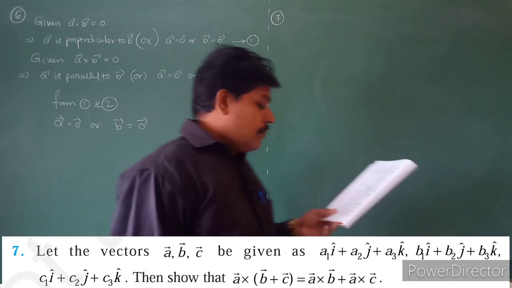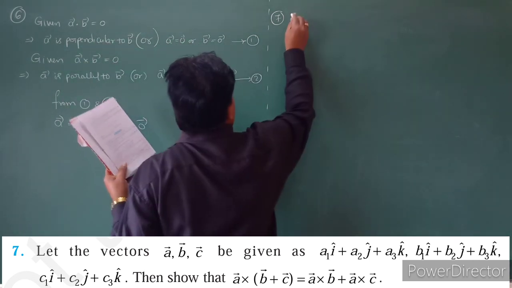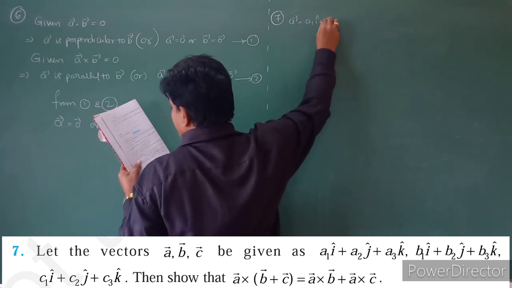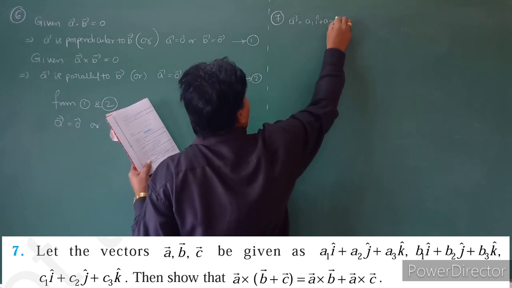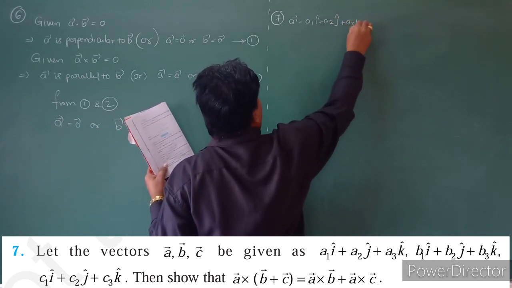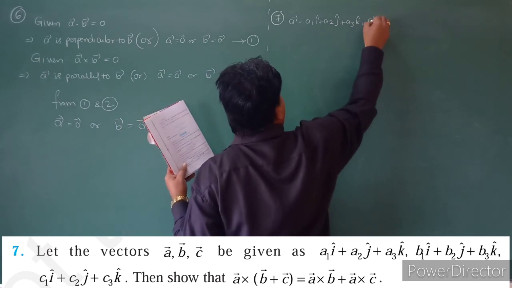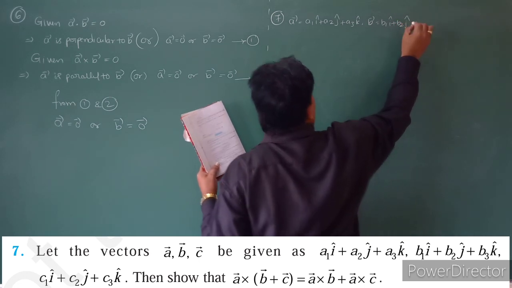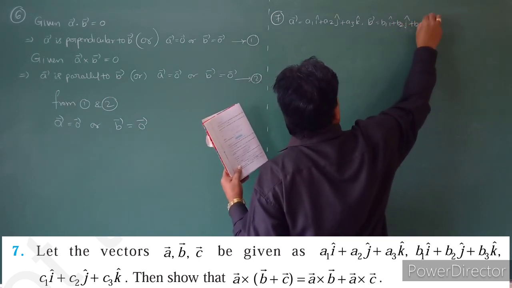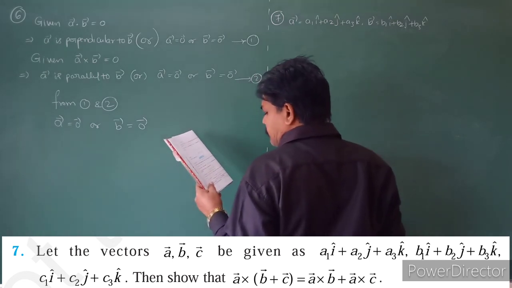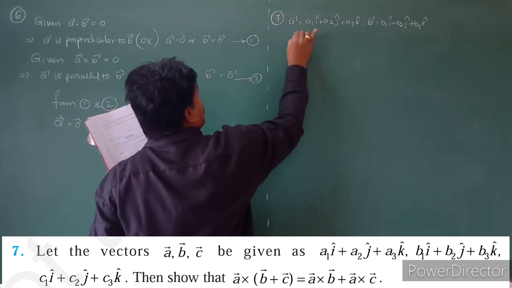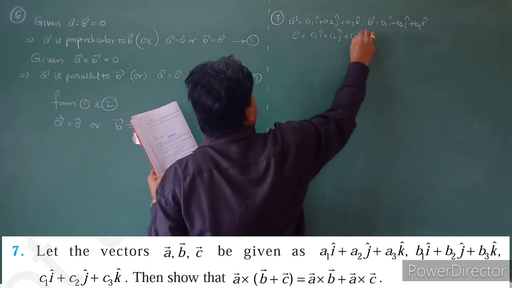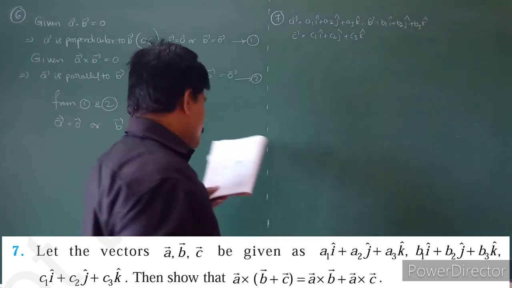What are the vectors given? A bar is equal to A1 i plus A2 j plus A3 k, B bar is equal to B1 i plus B2 j plus B3 k, and C bar is equal to C1 i plus C2 j plus C3 k.